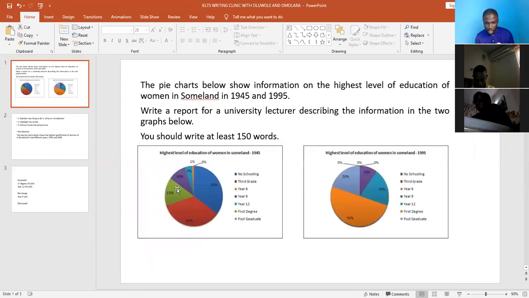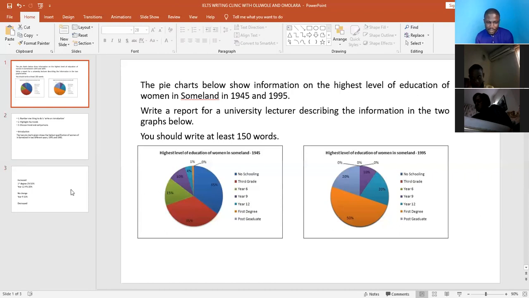Okay, then the one for green, year 6. Sorry, there's a problem. Year 6 was 15% here. What did you say? You said 16?